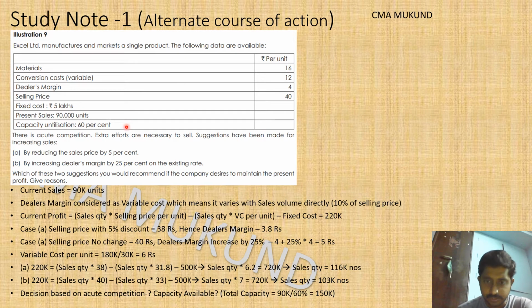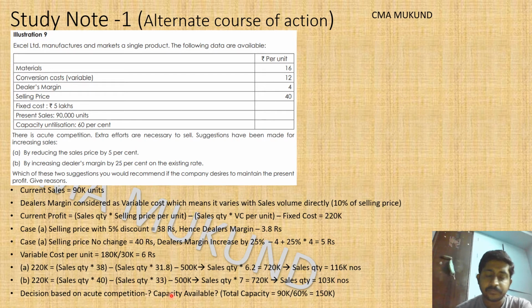So 100% capacity is 90,000 divided by 60 percent, which is equal to 1.5 lakh units. So the company has the capacity to manufacture 1.5 lakh units, and in both options, 1.16 lakh or 1.03 lakh, we are within 1.5 lakhs.